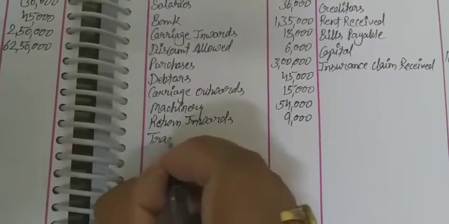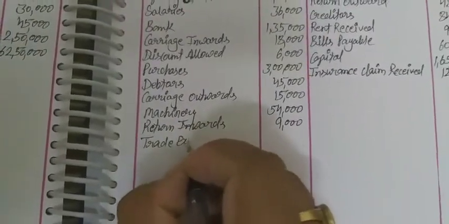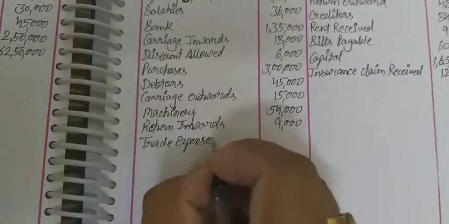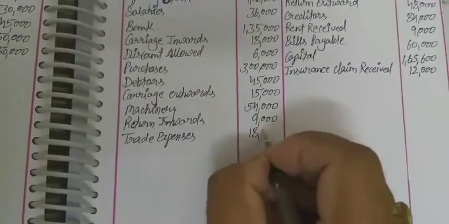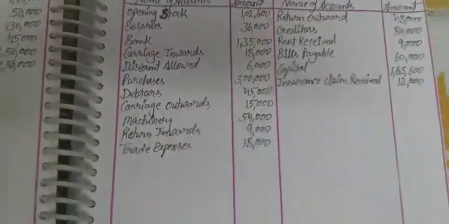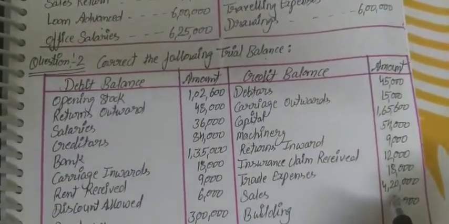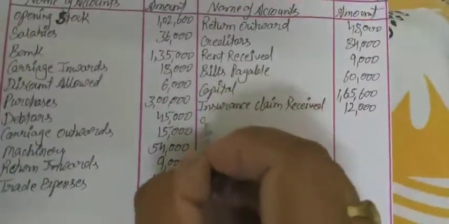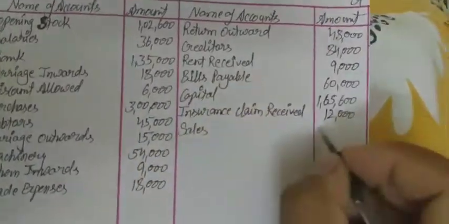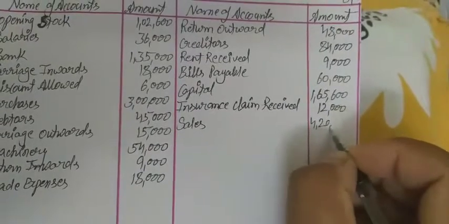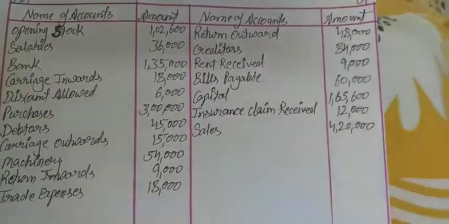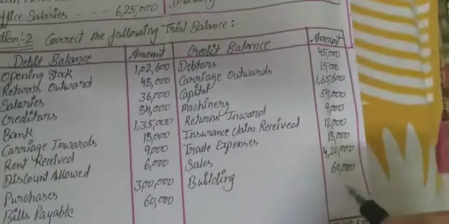It is an expense for the business, so it will show on the debit side, that is 18,000. And next one is sales, it is income, 4,20,000, credit side, sales 4,20,000. And now the last one is building, it is a debit balance, 60,000.